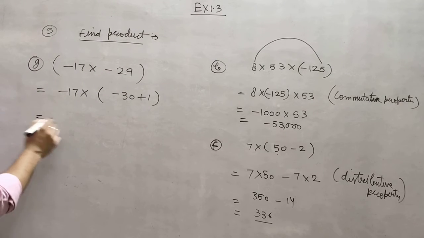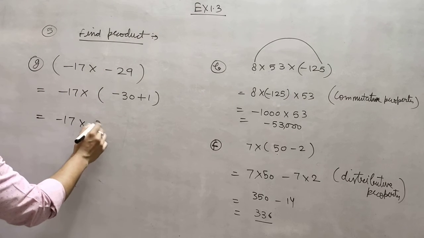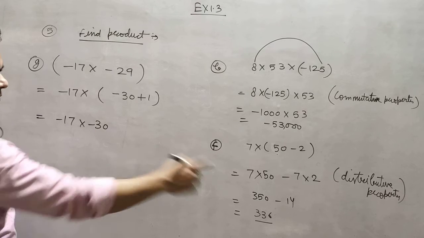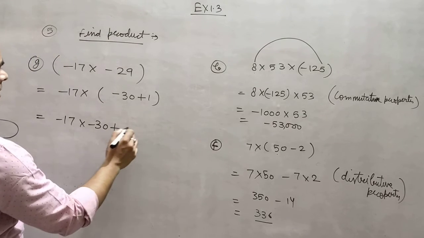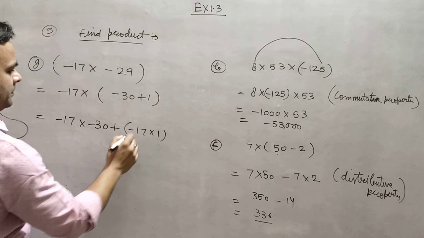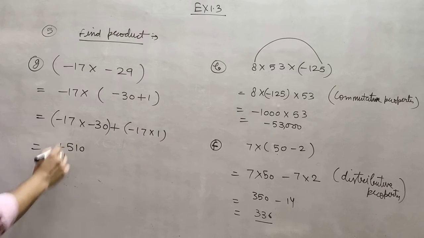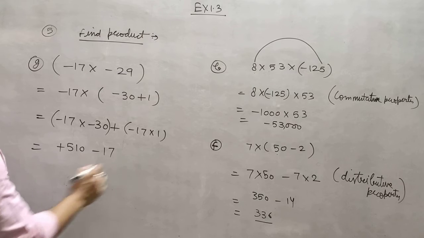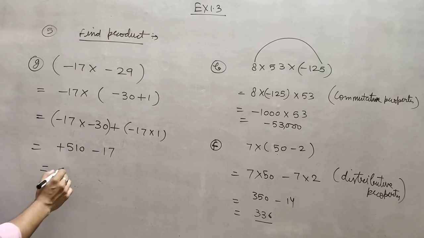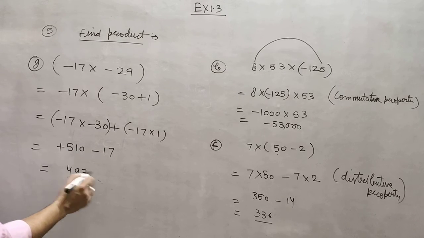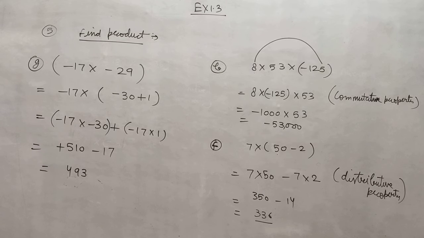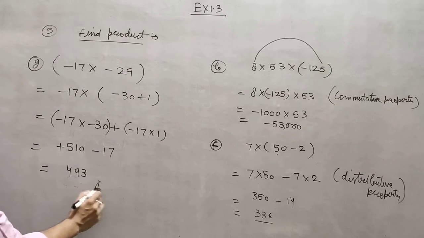So it will be minus 17 into minus 30. I am distributing like this, and minus 17 into 1. So it will be 510, and plus minus minus plus, minus 17. So what is the result we will get here? 493, right? So this is the way to do these sums.